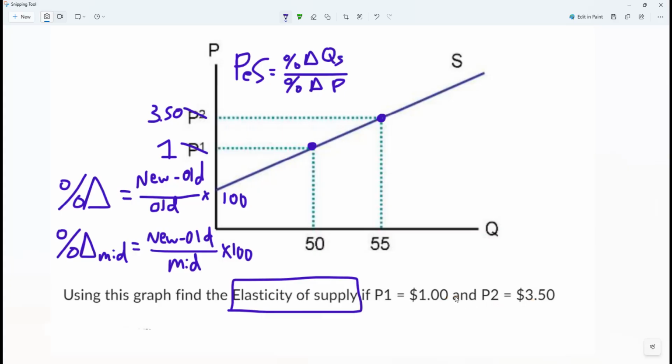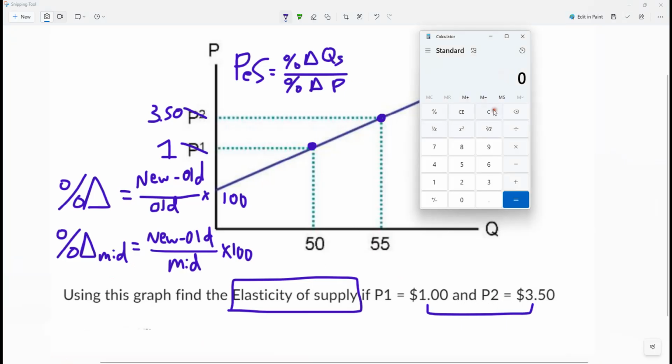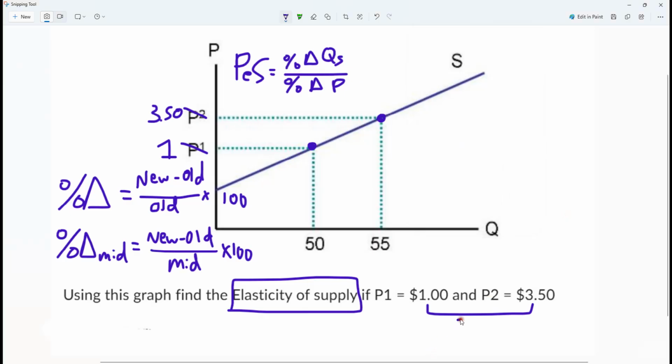Actually, in this case, I can't really eyeball that, so I'm going to use a calculator and just average the two. So it'd be 450 divided by 2, 225. Okay, 225 would be halfway on the price. And then this one I can eyeball. Halfway in between those two is 52.5.